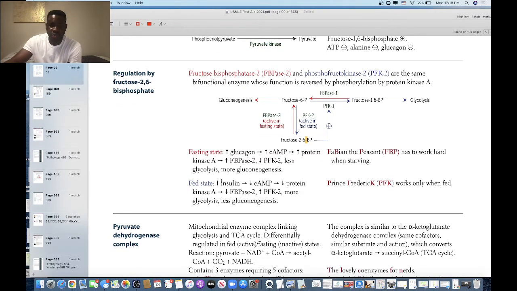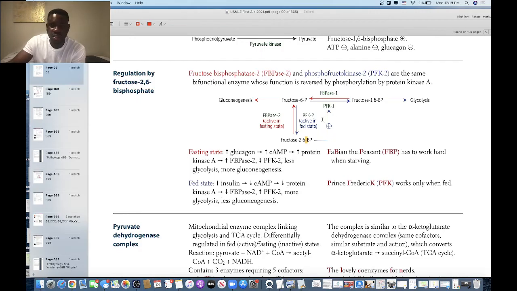In the fed state, we'll have more insulin. Insulin will downregulate cyclic AMP, and then that will lead to a decrease in the protein kinase, and then that would lead to a decrease in this thing over here, that's the FBPase, and then that will increase this one, to increase this one, and then we'll have more glycolysis, but less gluconeogenesis.